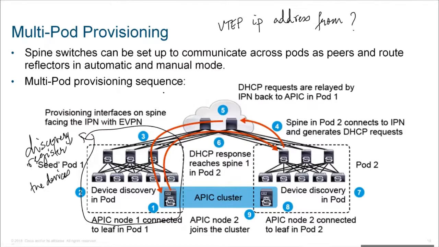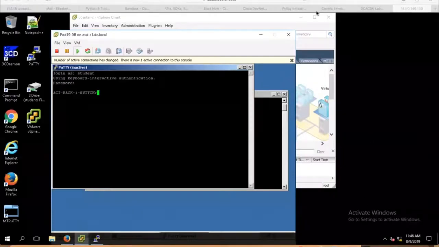Okay, let me stop my sharing so I can see who has responded. And where is the DHCP server? Set up during the APIC config, that's correct.